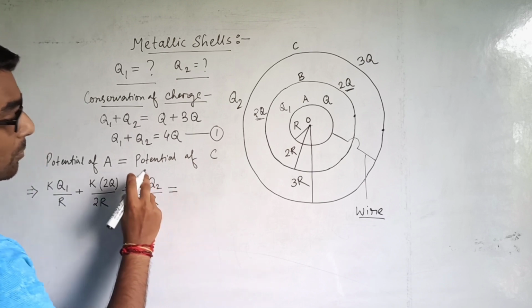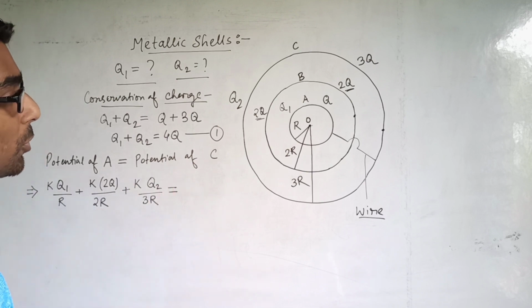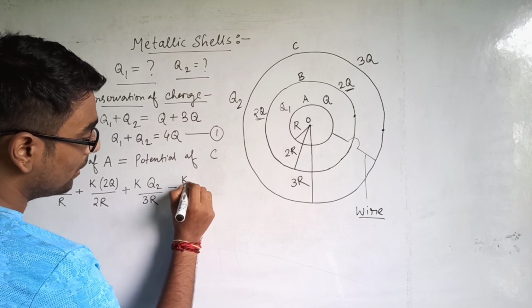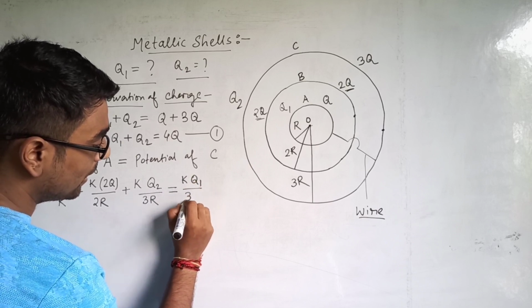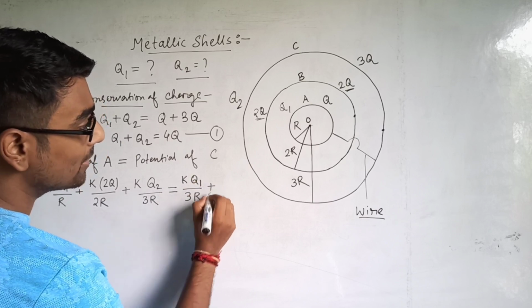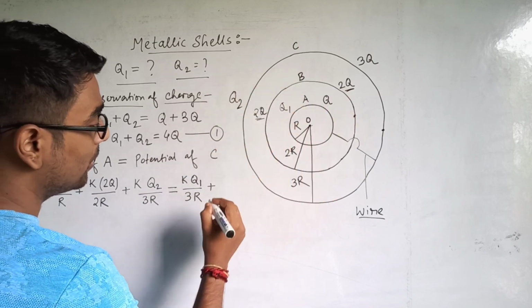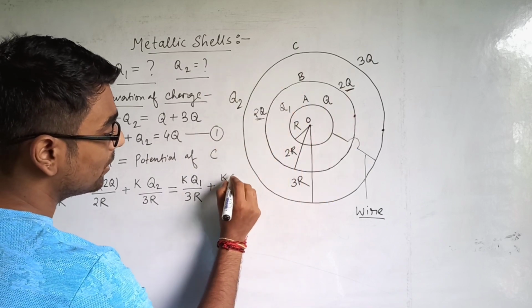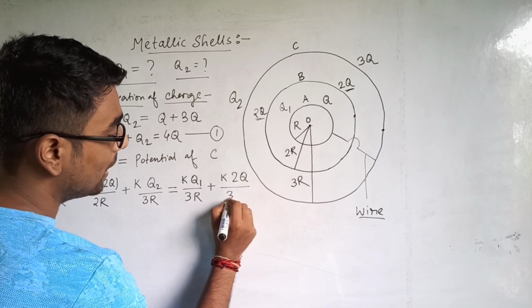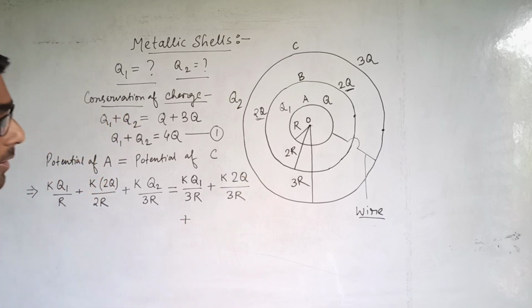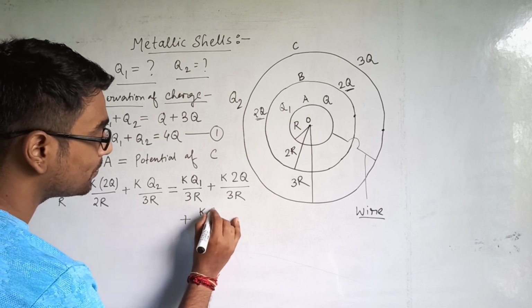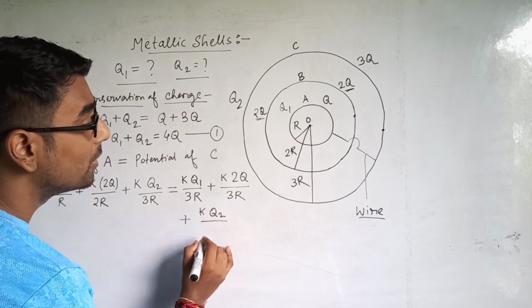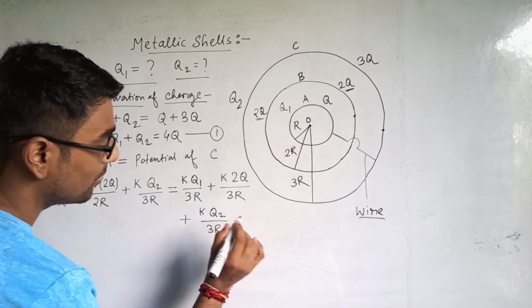So next it will be potential of C. Potential of C due to innermost shell, it will be K Q1 by 3R, plus because of middle shell, it will be K twice Q by 3R, plus, and the last term will be K Q2 by 3R.